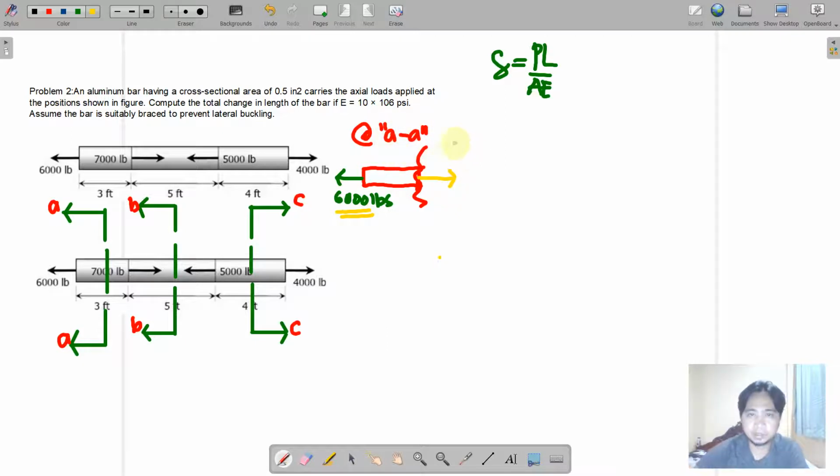So by summation of forces in X equal to 0 to satisfy equilibrium, we just have PA is equal to 6,000.